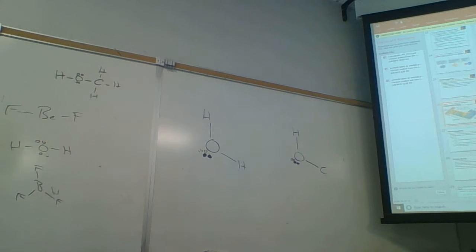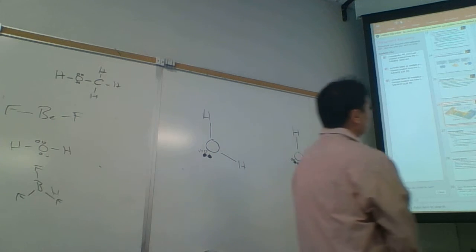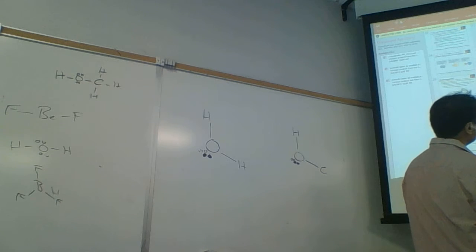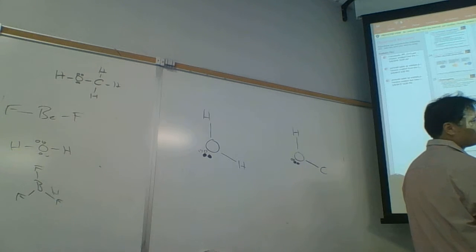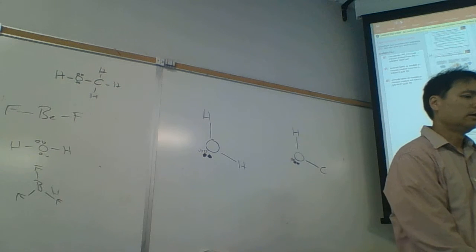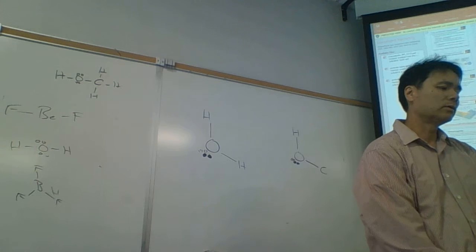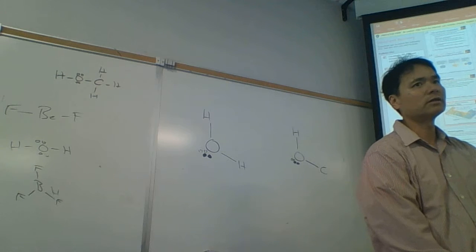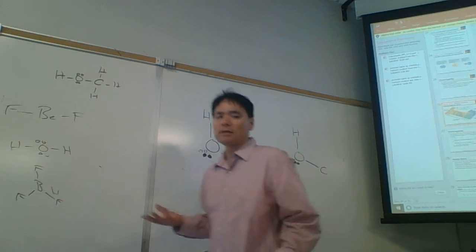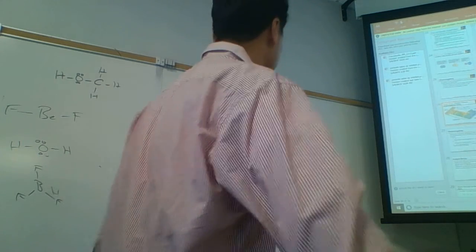Carbon is a 2.6, hydrogen is a 2.2, so the electronegativity difference is 0.4. You think, oh, 0.4 seems significant, but in the scheme of things, 0.4 is not significant. And so when I draw the bond dipoles, I can draw them about the same size.